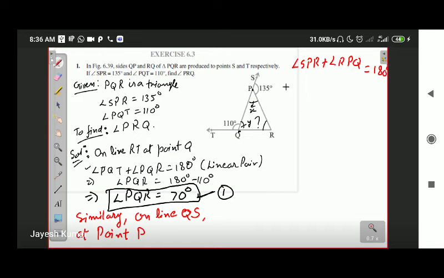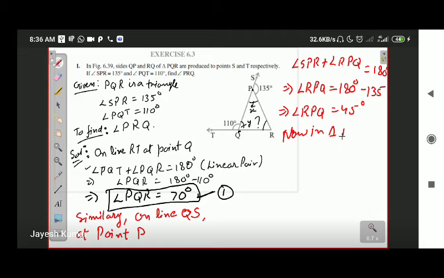Okay, that means angle RPQ can be said as 180 degree minus 135. If you subtract both of them, you will get angle RPQ is equal to 45 degree. Okay. Now in triangle PQR, this was the second equation.